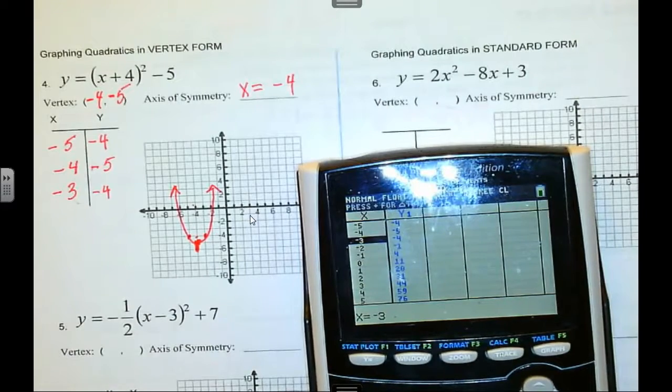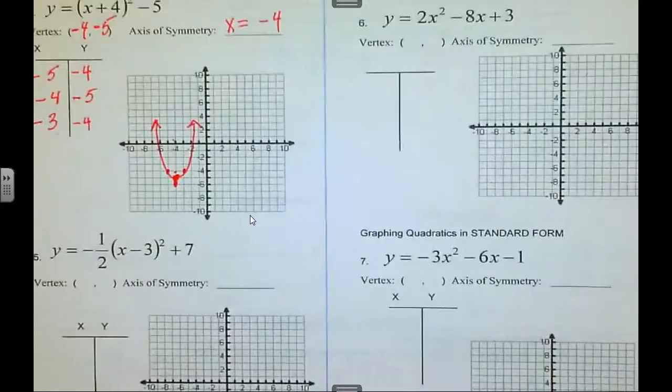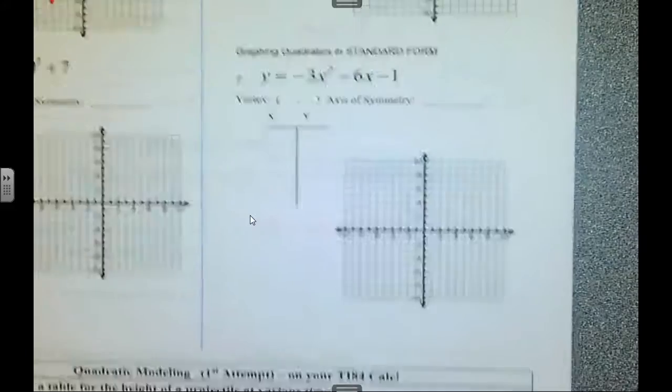Again, vertex form is a lot easier than standard form. Are you ready? We need to do a standard form, right? All right, let's do number 7.